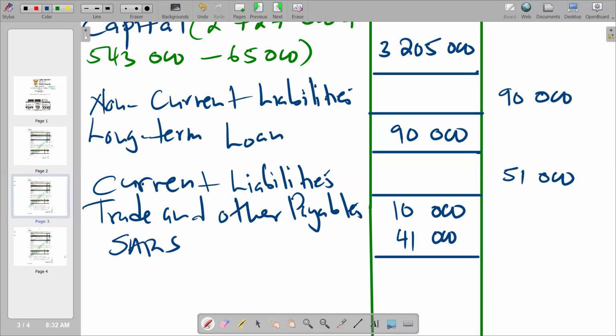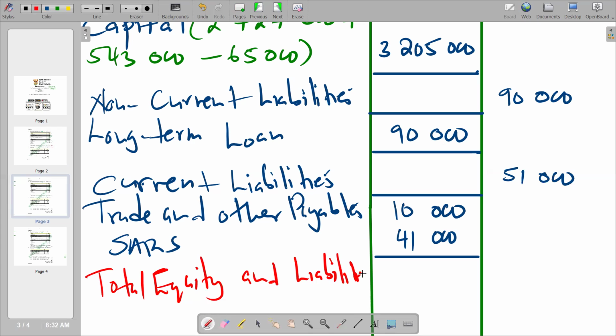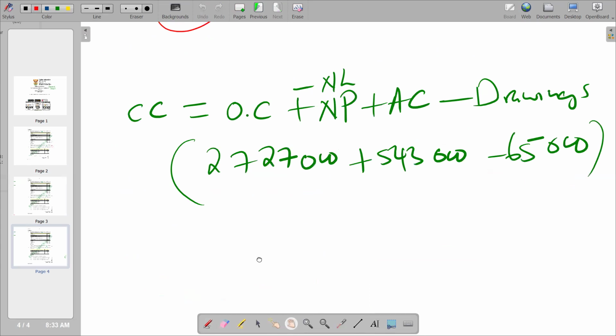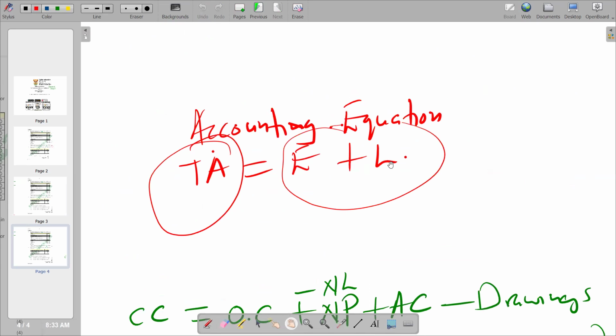Then from there, we are supposed to give our total equity and liabilities. The figure that we are going to get there becomes the figure for the other side of the accounting equation. Let's refer back to our accounting equation. You see that we have got our accounting equation here, which says total assets is equal to equity plus liabilities.